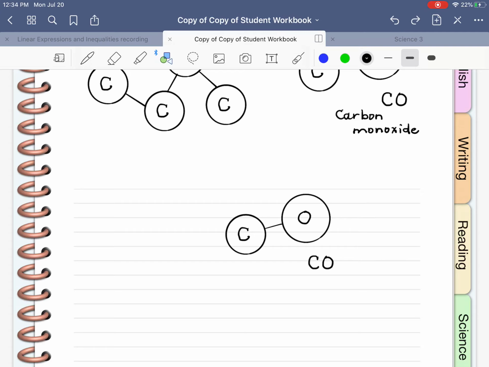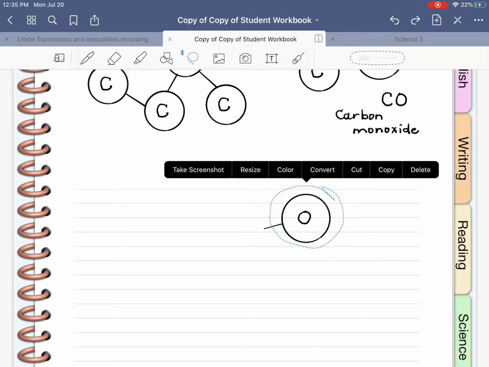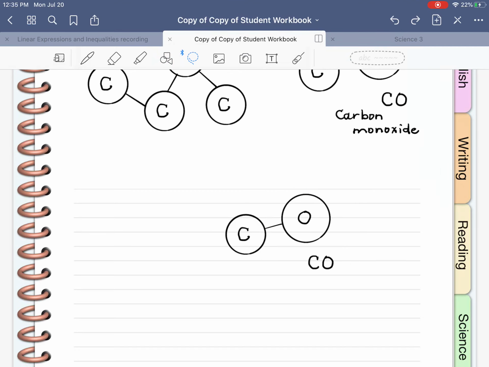Sorry, that's not a very good one. They really need to be exactly the same because they're identical atoms, but I can't get that to happen, so I'll have to get close. That's pretty close. So here's another oxygen atom that we're going to add to this compound. So now we have CO, and there are two of those oxygens.